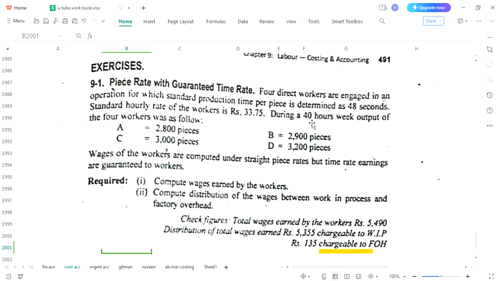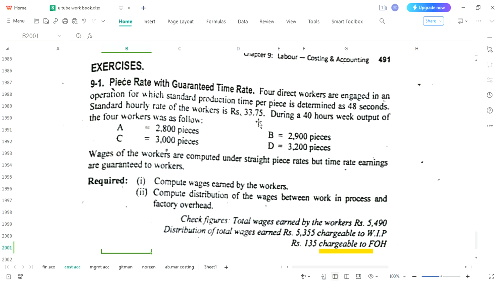During 40 hours, the output of workers is like that. There are two things we have concluded, that workers have worked for 40 hours. There is another activity we can do, but before that, look over here. The standard hourly rate is 33.75.